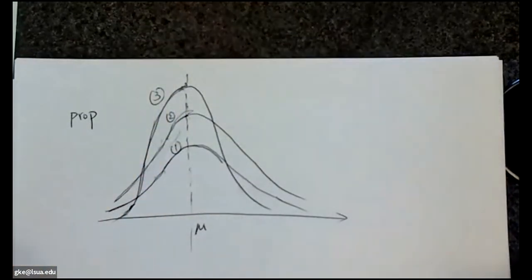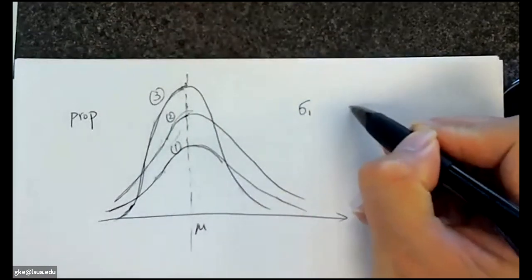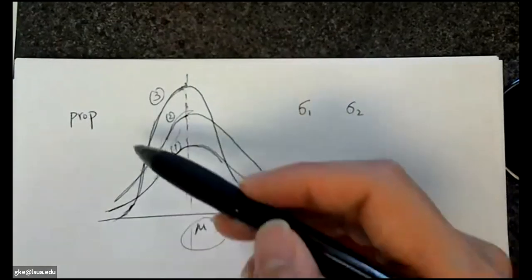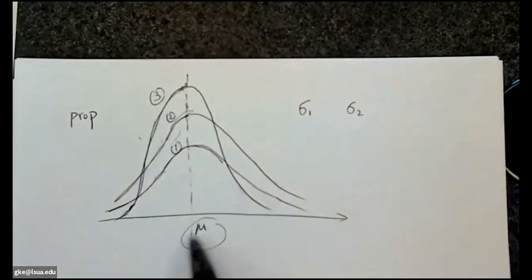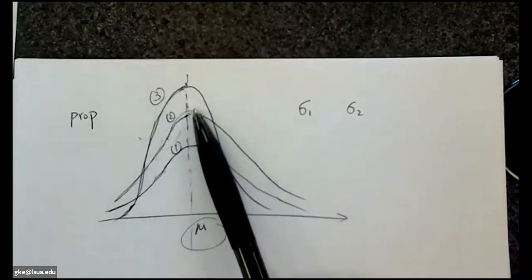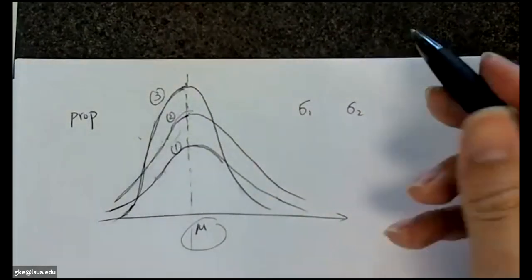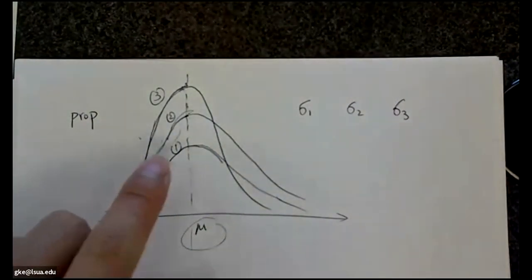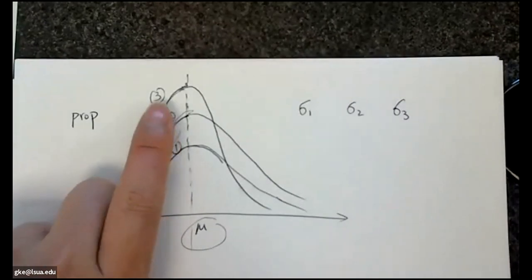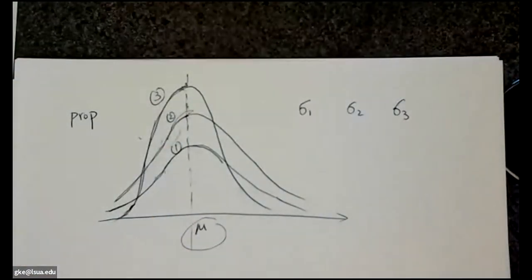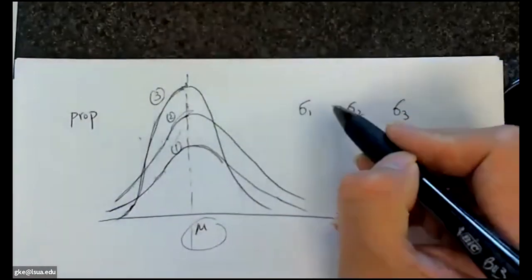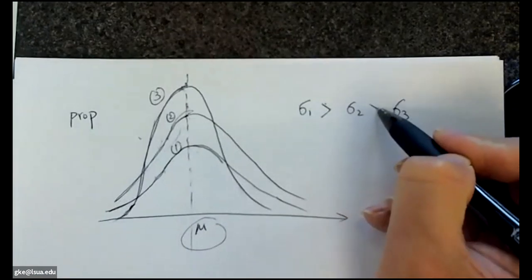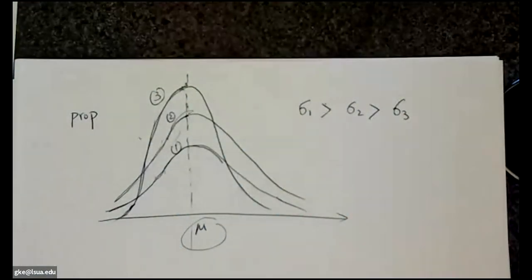So the only difference here is sigma, because they have the same value for the mean, right? The mean value is here. The only difference for these three is sigma: sigma 1, sigma 2, sigma 3. And we can see sigma 1 is greater than sigma 2, and sigma 2 is greater than sigma 3.